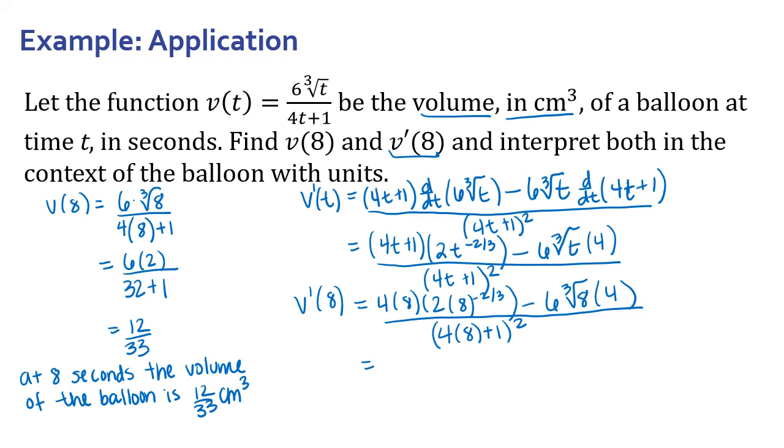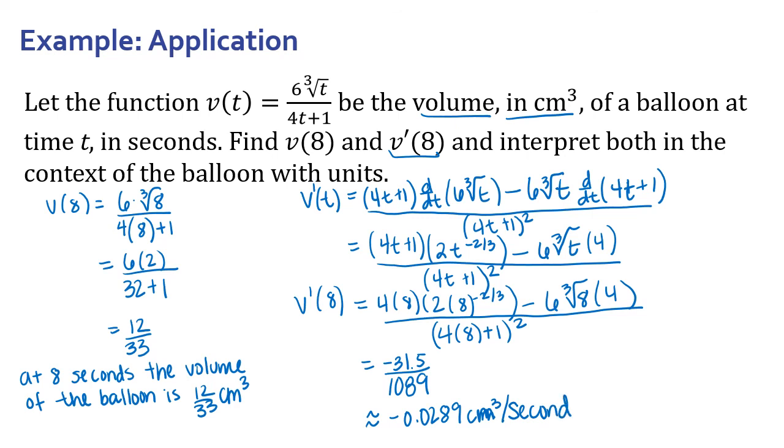This becomes negative 31.5 in the numerator over 1089 in the denominator, which simplifies to about negative 0.0289 centimeters cubed per second.